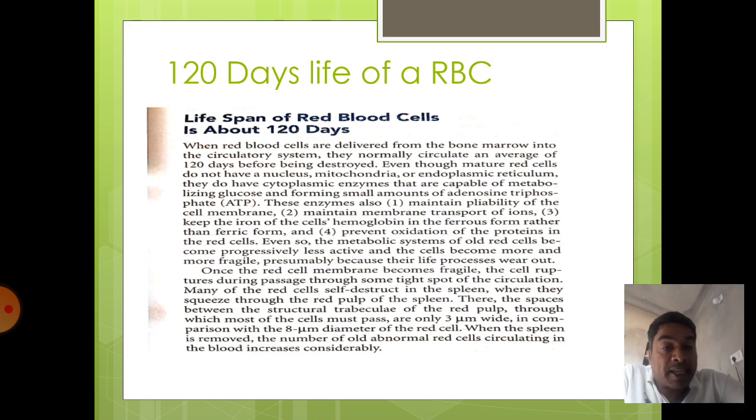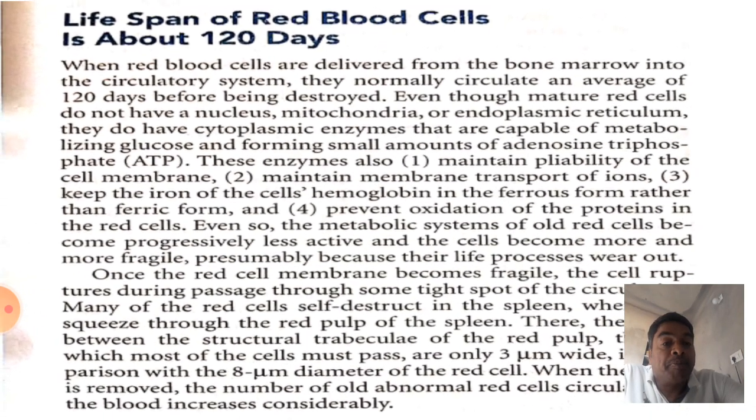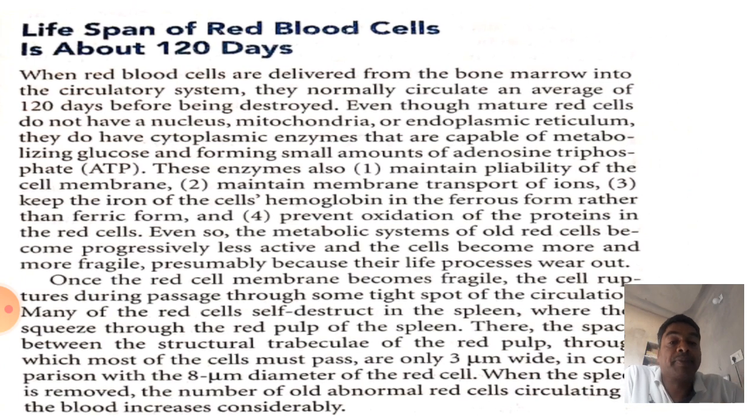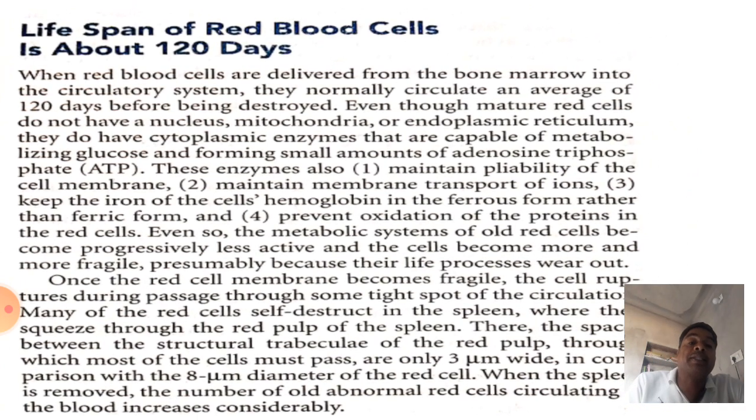Once the red blood cell membrane becomes fragile, the cell ruptures during the passage through some tight spots of the circulation. Many of the red blood cells self-destruct in the spleen, where they squeeze through the red pulp of the spleen.